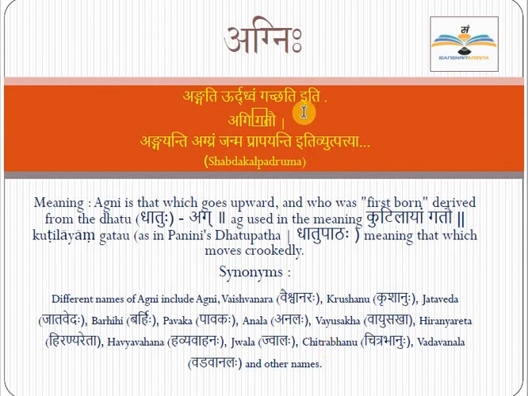So here you can see Agnihi Angati Urdhvam Gacchati iti. Angati means something that goes up. And Urdhvam Gacchati is the synonym of Angati. Urdhvam means up, Gacchati means going. So Urdhvam Gacchati iti Agnihi, that's the Nirukti you can write.